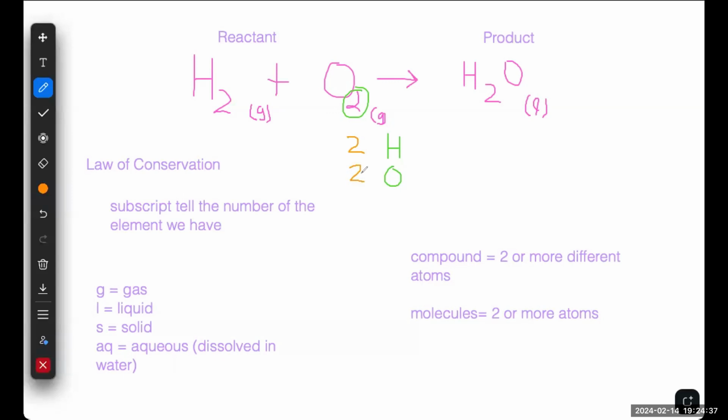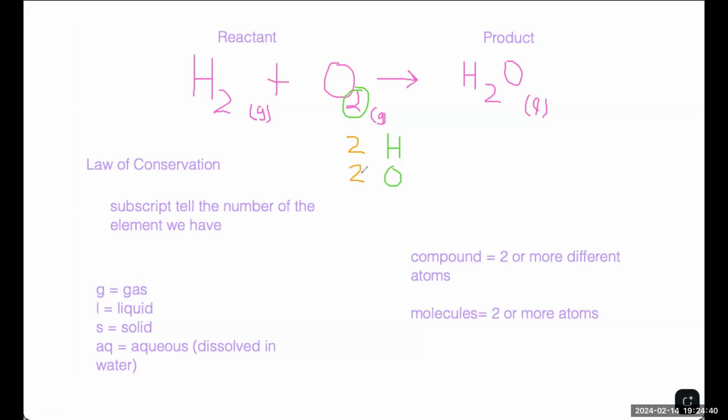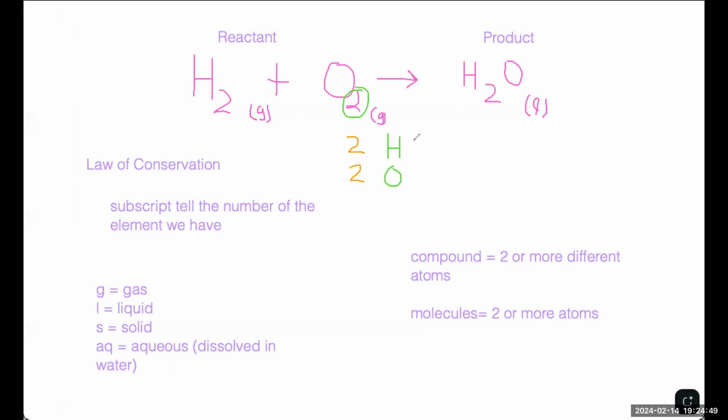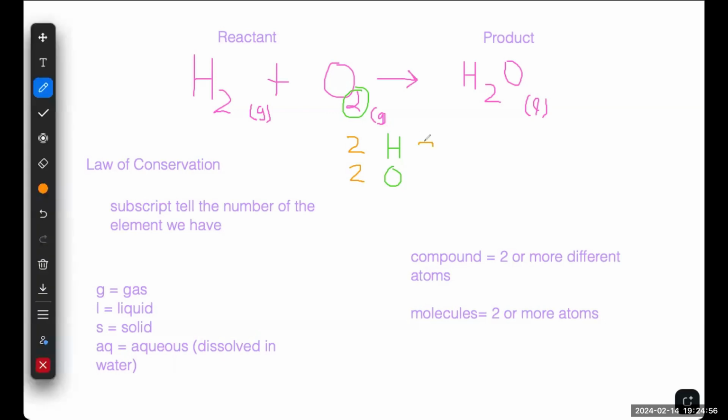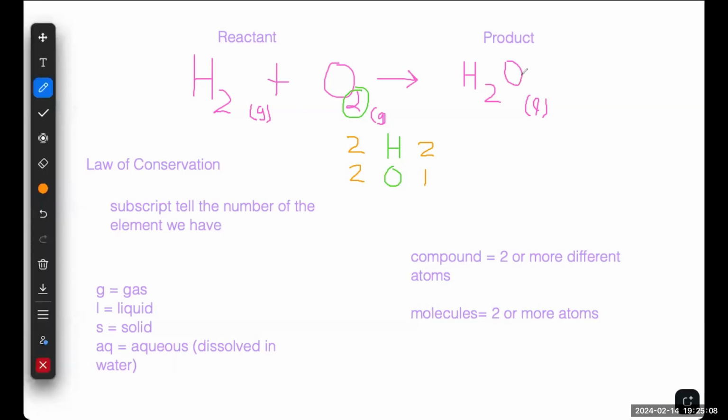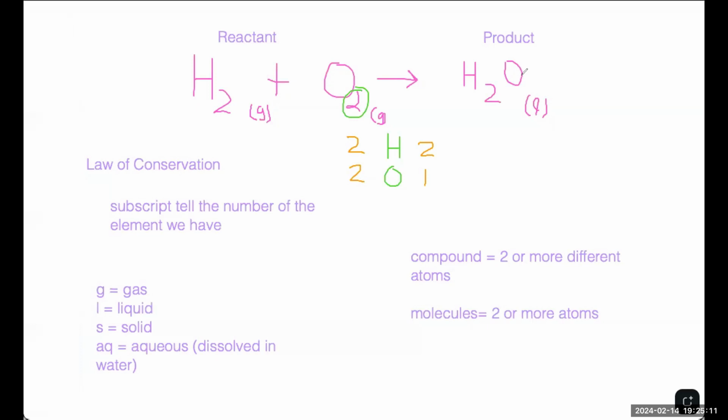So we have two hydrogens and two oxygens, which is told to us by the subscripts. Now on our product side, how many hydrogens do I have? Two. And how many oxygens? One. One important point is that when there's no number there, it's always understood to be one.